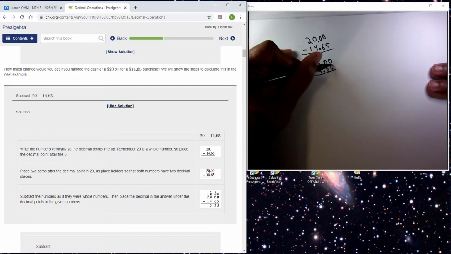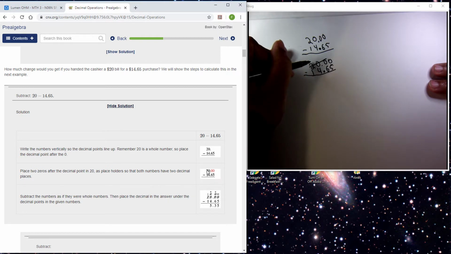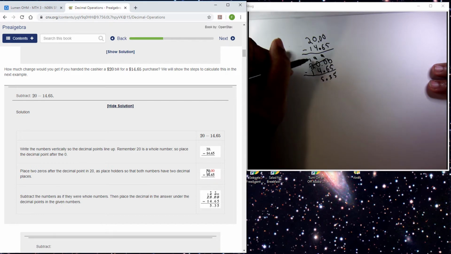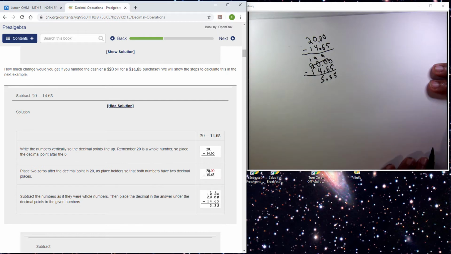You can't take away 5 from 0, so you've got to borrow 1. When I borrow 1 here, everything's going to roll back 1. 10 minus 5 is 5. 9 minus 6 is 3. 9 minus 4 is 5. And then 1 minus 1 is 0, so I have 5.35.